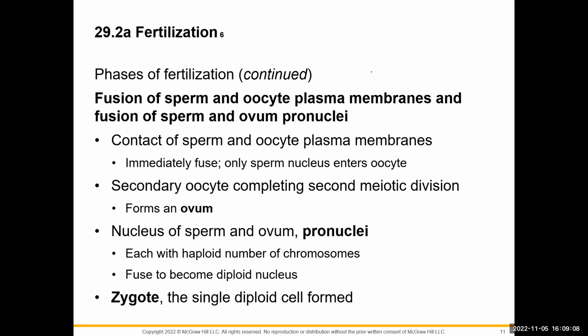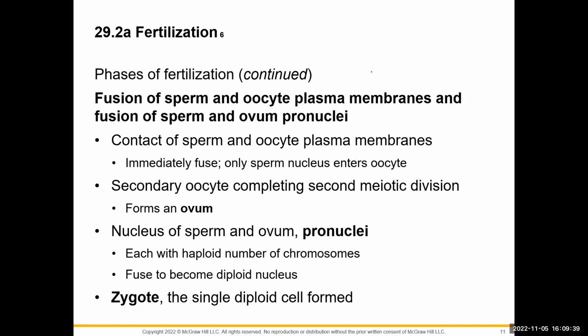If you recall from chapter 28, the secondary oocyte is still stuck in its second meiotic phase of division. And because of that sperm nucleus entering into the oocyte, that causes the secondary oocyte to complete its second meiotic division. And at that point, we now refer to it as an ovum.